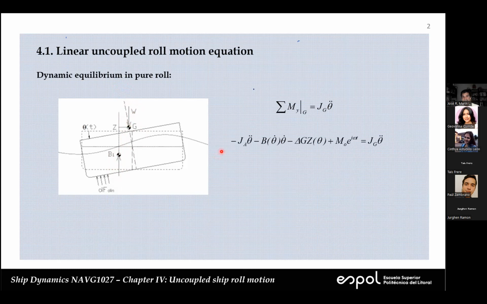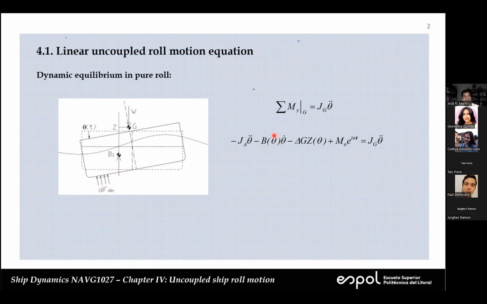So we integrated these hydrodynamic effects, and we have the added inertia. We have the damping. I insist that the damping is a very complex situation, okay? Especially in roll.